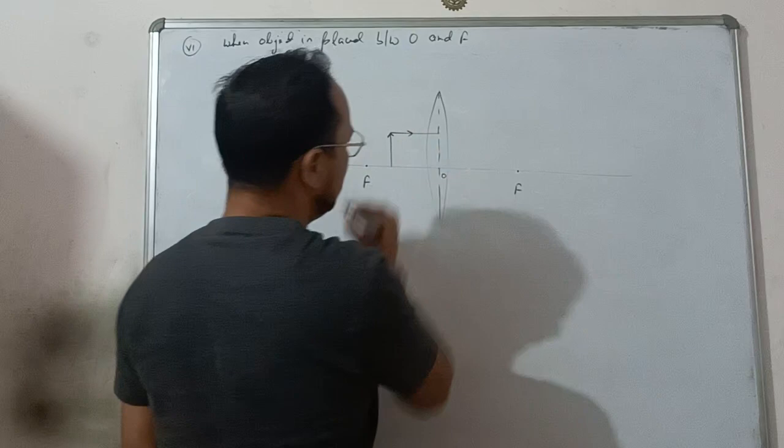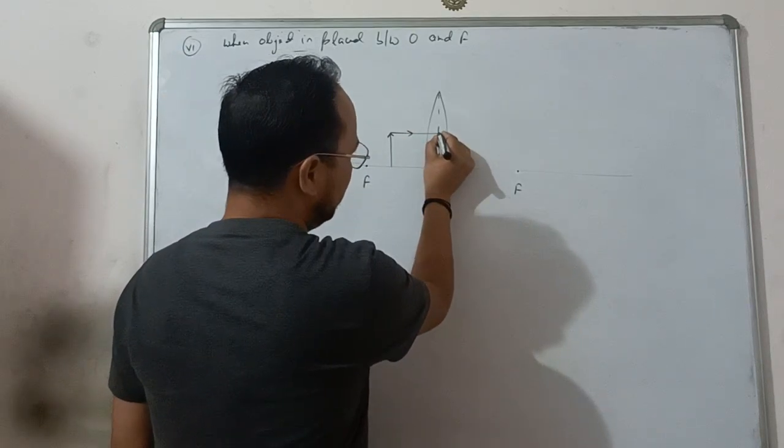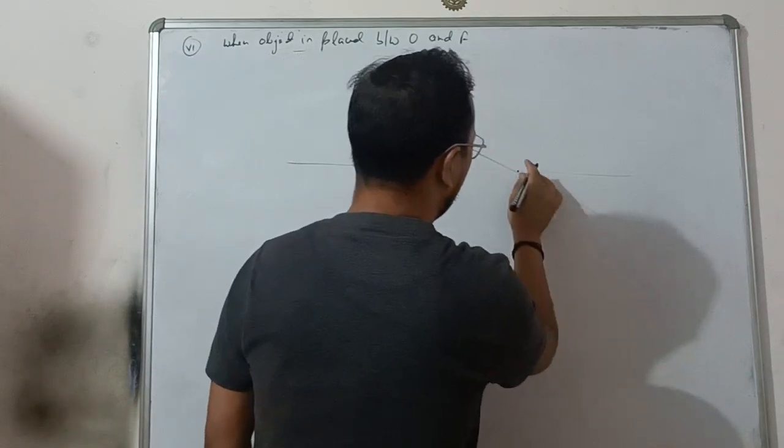So its ray diagram: the first ray is parallel to the principal axis, whose refracted path passes through the principal focus.